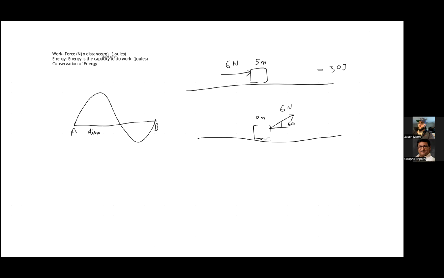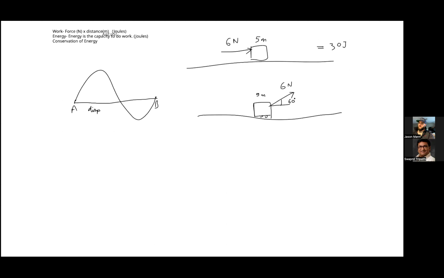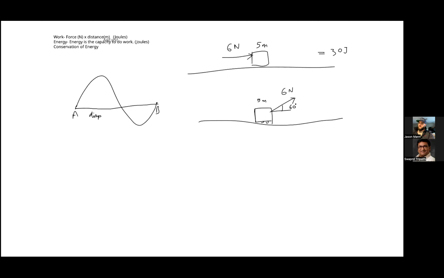So you have to split up this force into horizontal and vertical direction. So this one will be 6 cosine 60. And the vertical portion will be 6 sine 60, but we are not worried about that. We are only worried about this one because this is the component which is in the direction of the motion.